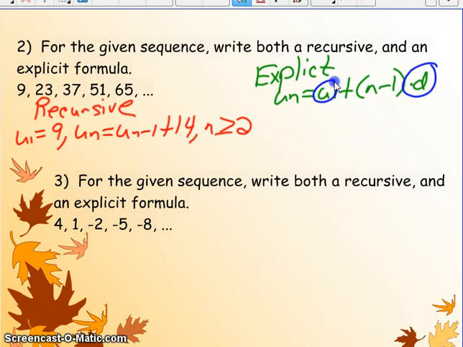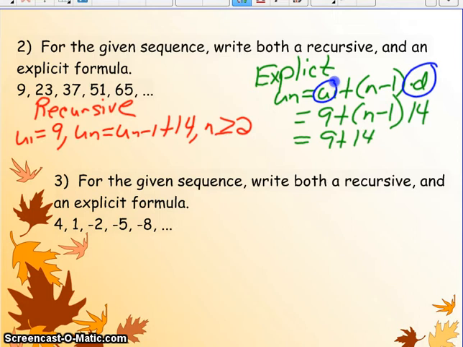So I've got 9 plus n minus 1 times 14. To put that in simplest form, distribute, and then combine like terms. Oh, I messed that up. Hold on 1 second. So this should be 14n minus 14. Combine like terms. There we go.